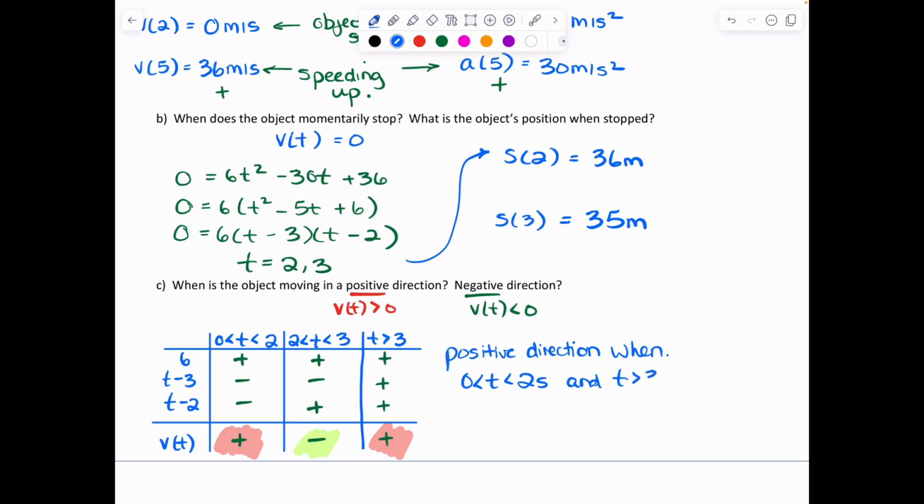It is positive when t is less than 2 seconds and when t is greater than 3 seconds, and then we have a negative direction when t is between 2 and 3 seconds. Okay, so I hope that helps explain that, and now you will work on some practice.